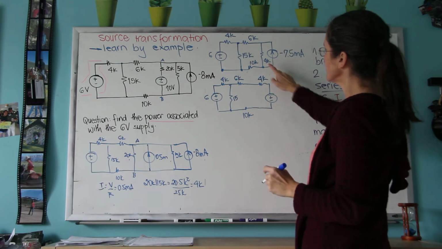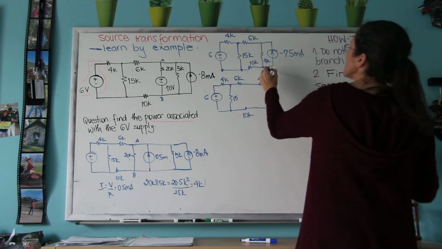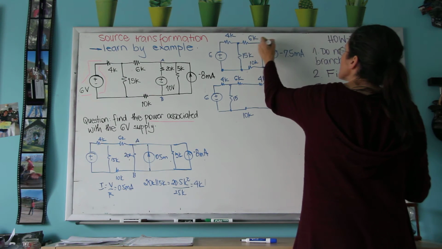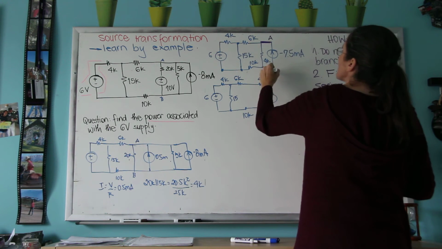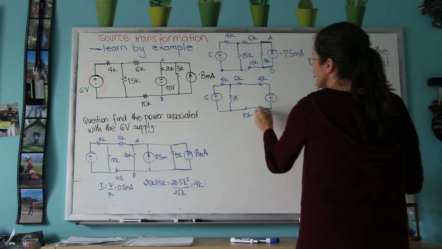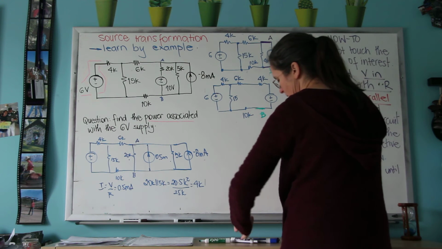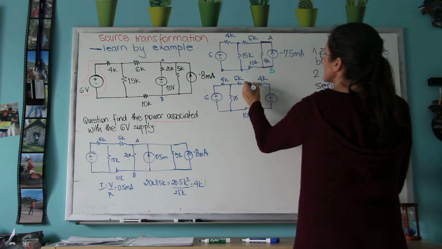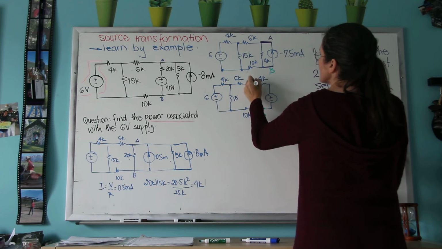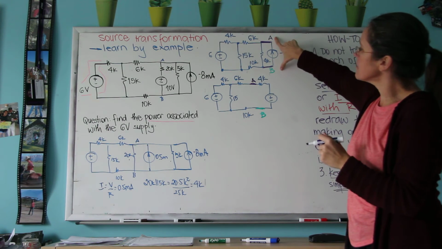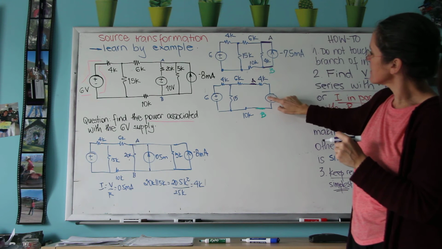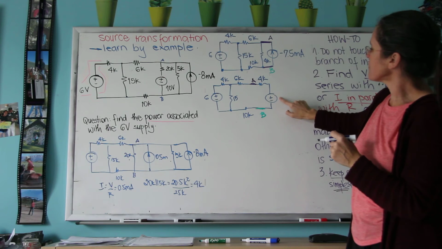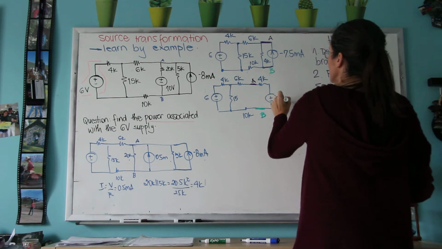Notice that it's in series, so these are the two nodes. This is node A, let me start again. Node A, and my green node is node B. This is still my node B, and this is still my node A. So now the source transformation is between A and B. The 4K is in series with whatever voltage I'm going to write here.